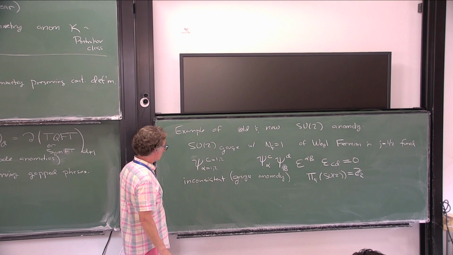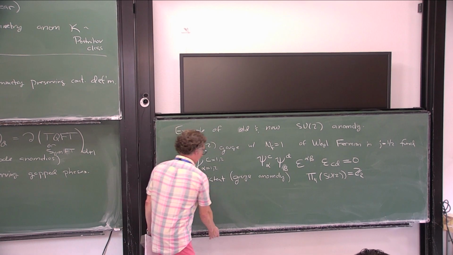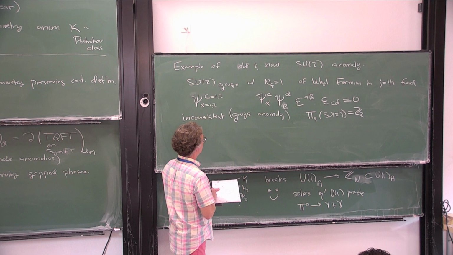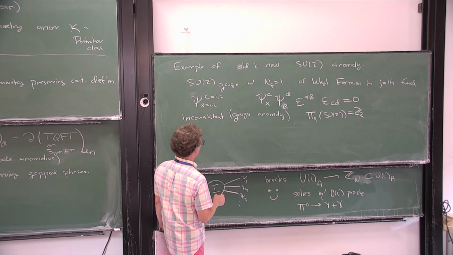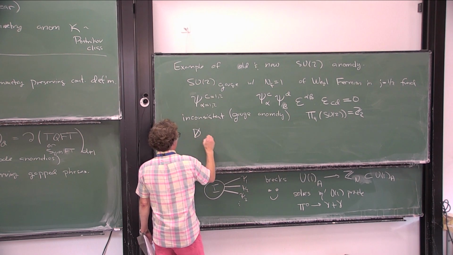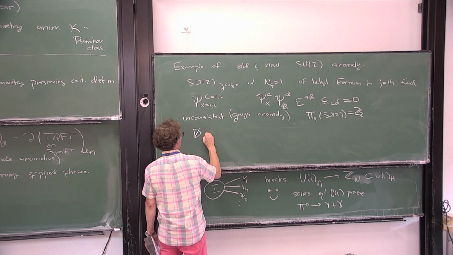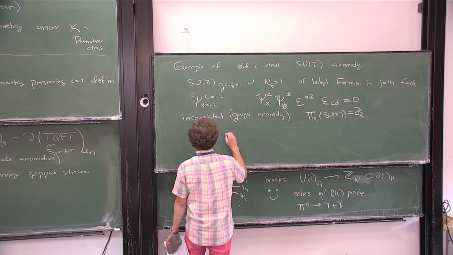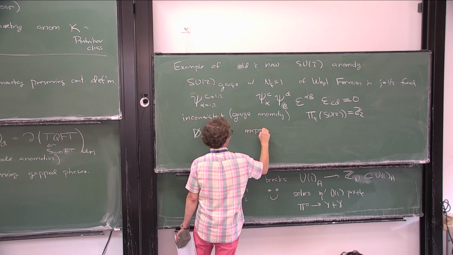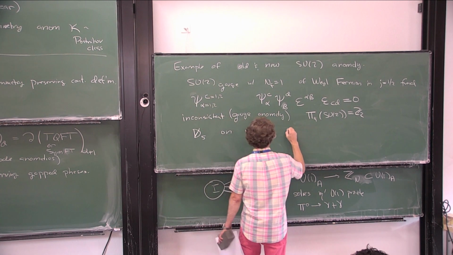And Witten had, in his original paper, an argument for why it's inconsistent, which is basically from the Dirac operator in a 5-dimensional theory on the mapping torus.